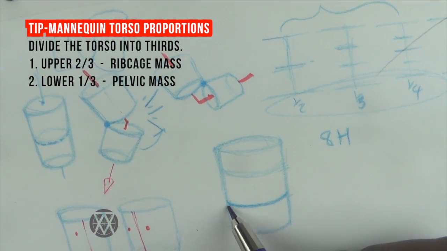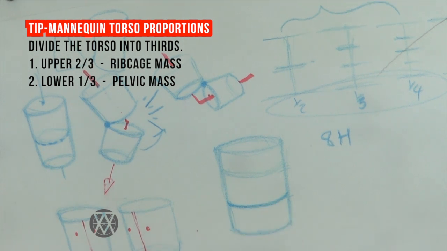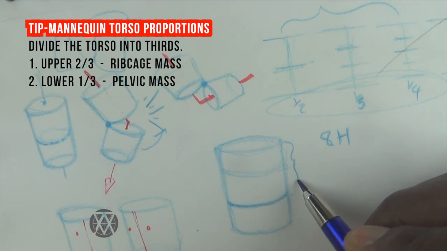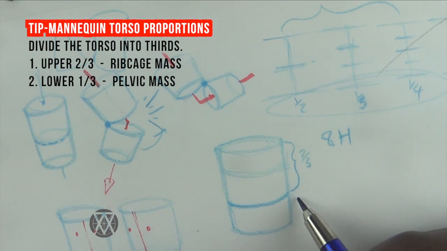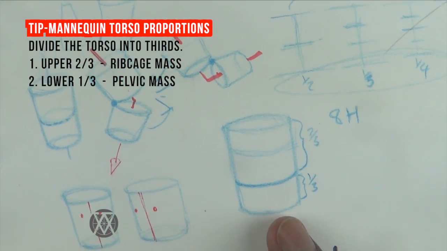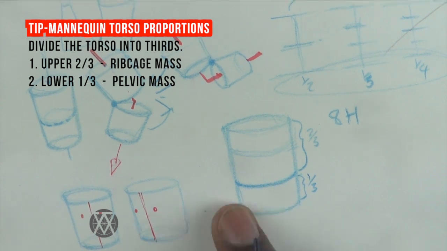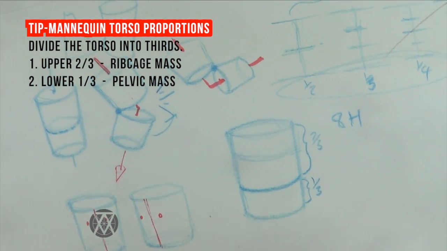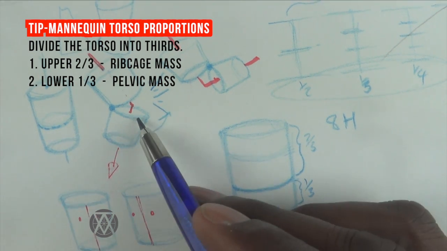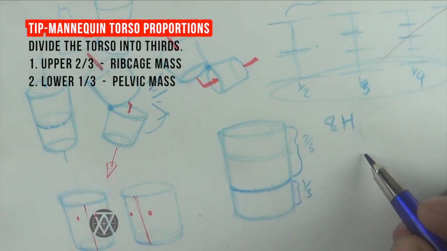Now, the 2/3 up is going to be the rib cage mass, and down here is going to be the pelvic mass. This is going to be where the pelvic girdle is. Okay, now we're going to snap it just like we did with this. See? So that's the thing.